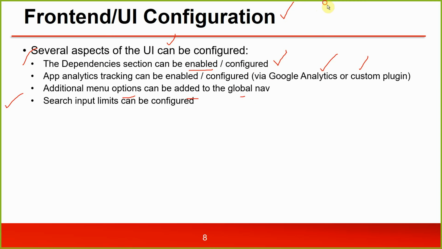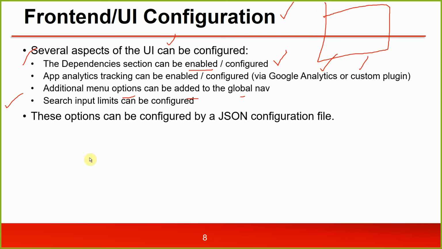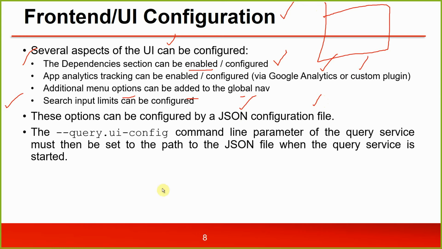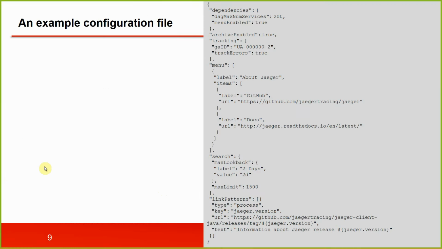We are talking about the front end of Jaeger. Search limits can be configured. These options can be configured by a JSON configuration file. The query.ui-config command line parameter of the query service must then be set to the path of the JSON file when the query service is started.